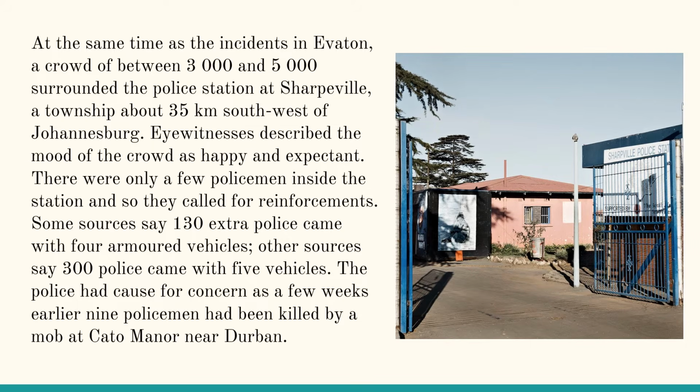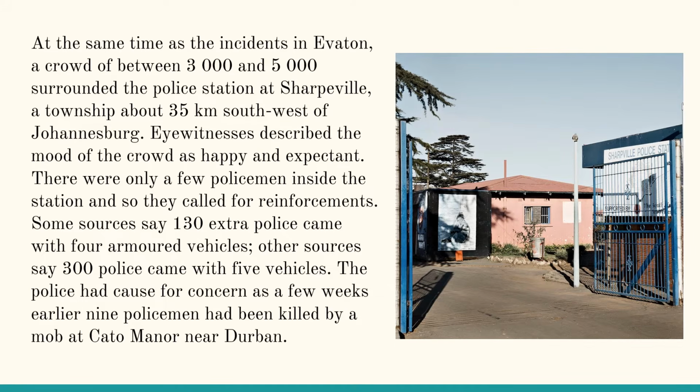At the same time as the incidents in Everton, a crowd of between 3,000 and 5,000 surrounded the police station at Sharpeville, a township about 35 kilometers southwest of Johannesburg. Eyewitnesses described the mood of the crowd as happy and expectant. There were only a few policemen inside the station, and so they called for reinforcements.